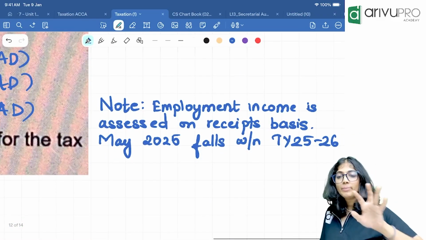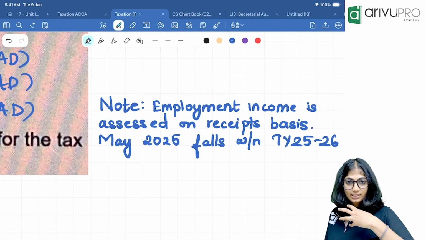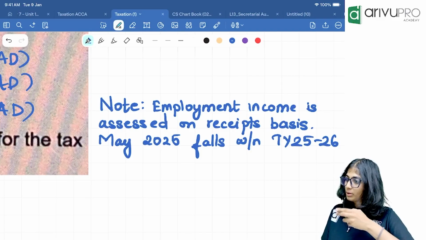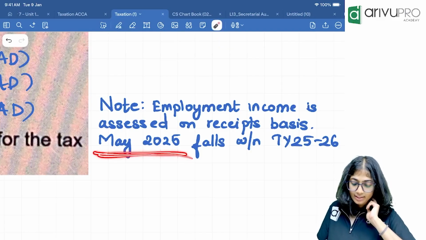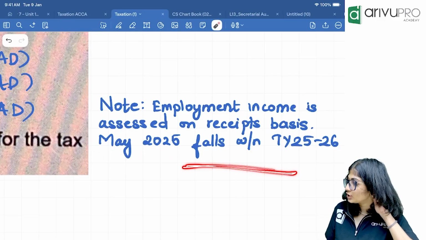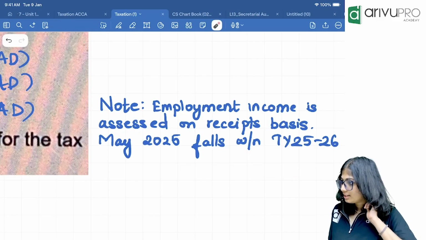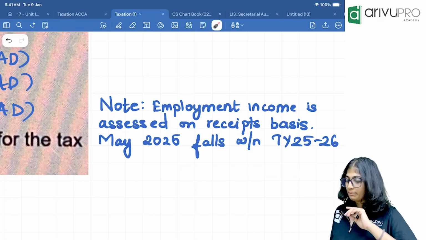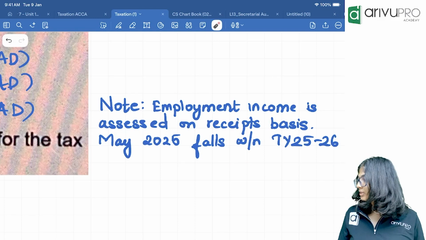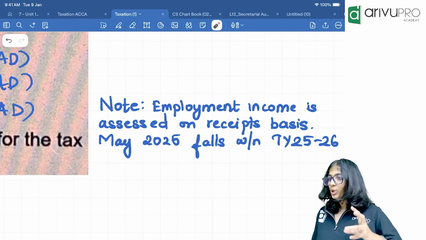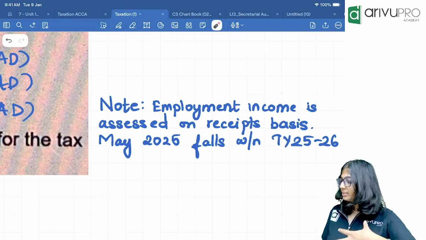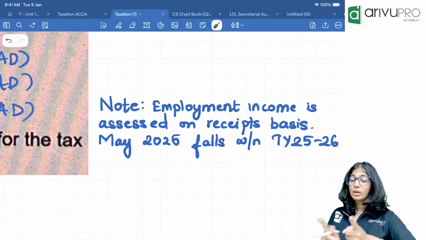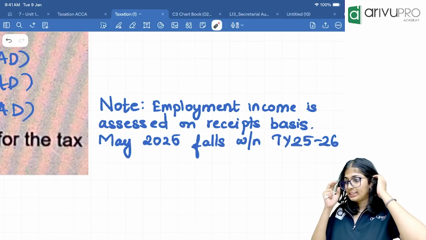Notice employment income is assessed on receipts basis. How much ever we receive, that is the amount. May 2025 falls within tax year 25-26. Hence, we put this as bonus amount. Whenever you get it, that amount, for whatever is falling within the tax year, needs to be included.